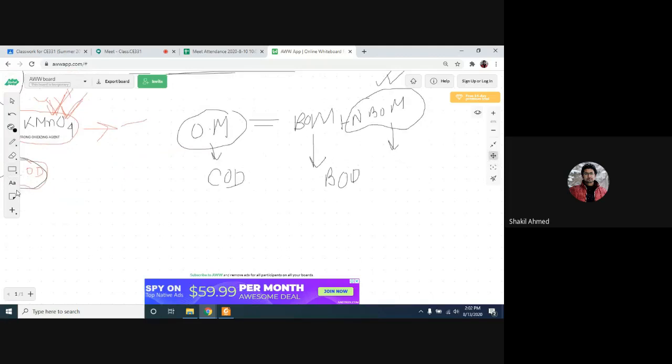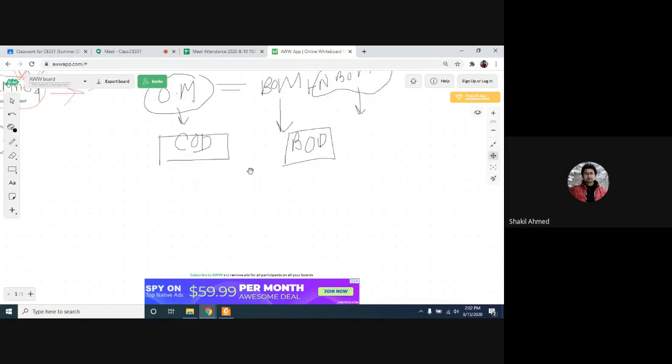So these two terminologies are incredibly important to understand, their mechanism and what they really mean. Okay, is it clear? This COD and BOD.